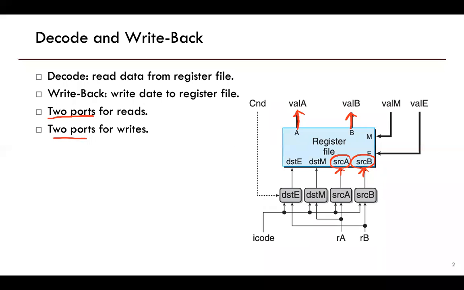Okay, and also to write data to this register file, there are 2 input ports, and it takes, again, the register ID, like where to write. Then it also takes 2 data input ports coming into the register file.